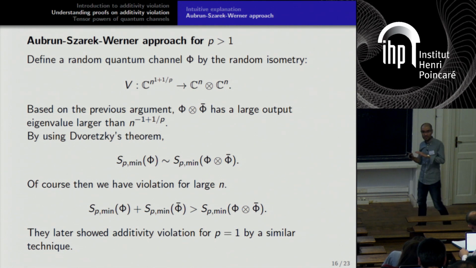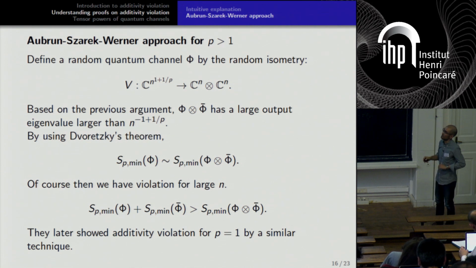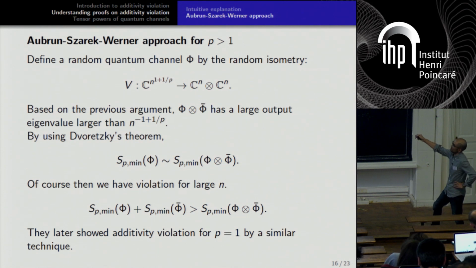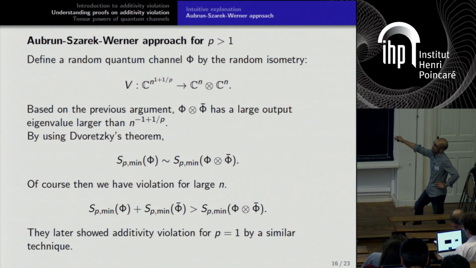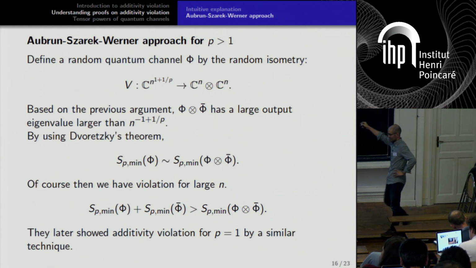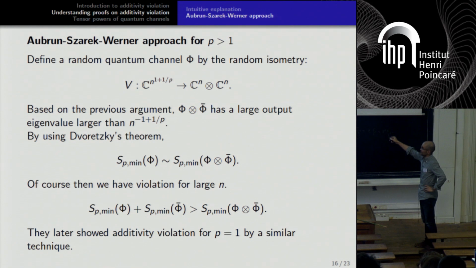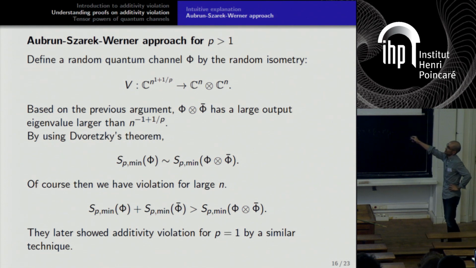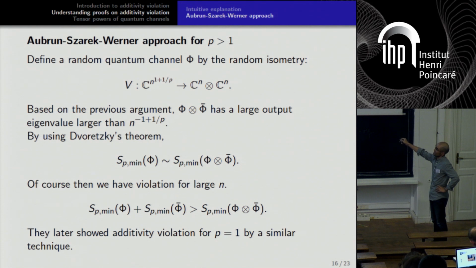By using Dvoretzky's theorem, somehow they changed the order of this problem and made a very elegant proof for additivity violation. What they showed is that actually in this setting, this minimum Rényi entropy is close to this minimum entropy of the product channels, and of course as a corollary, this is smaller than the sum of these numbers.